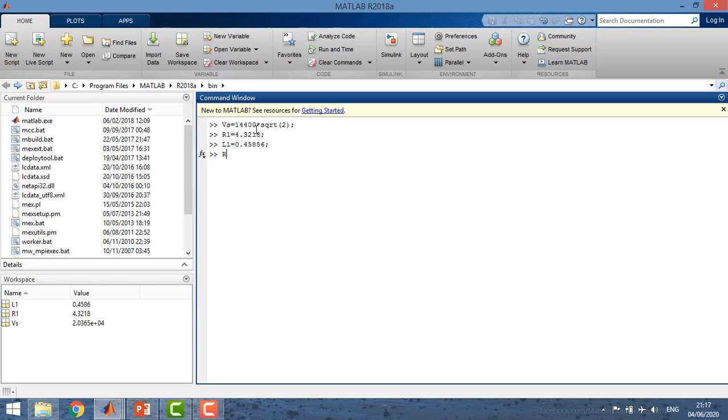Then the shunt admittance parameters. And then the secondary winding parameters.